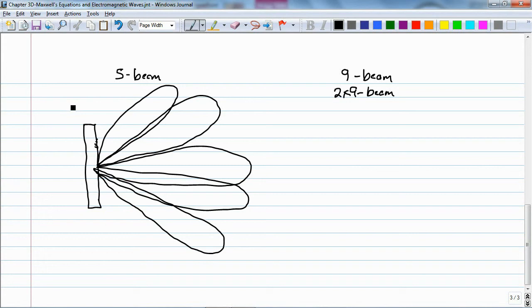This antenna for 850 megahertz weighs about 250 pounds, and it's about 5.5 feet by 5.5 feet. The 9-beam antennas are much larger, and they can weigh up to about 350 pounds.